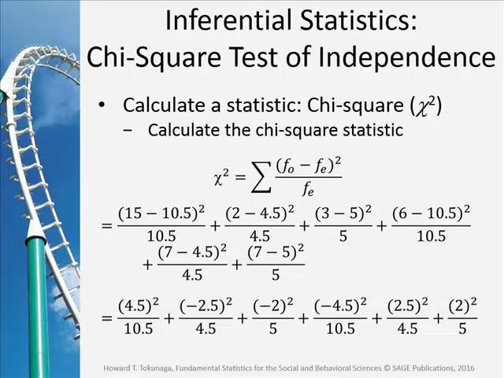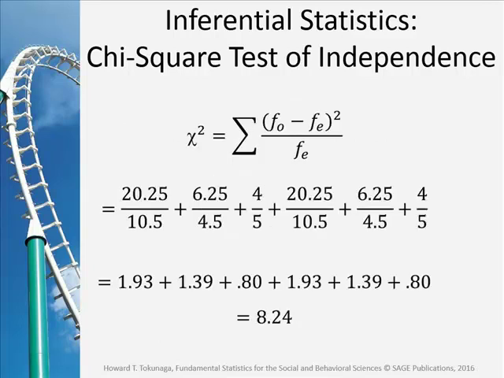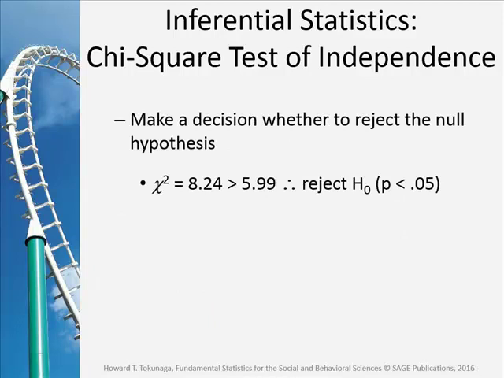I like just doing it across the way. But when you do it, like I do, chi-square is 8.24. Is that greater than 5.991? Yes. So we can reject the null hypothesis.